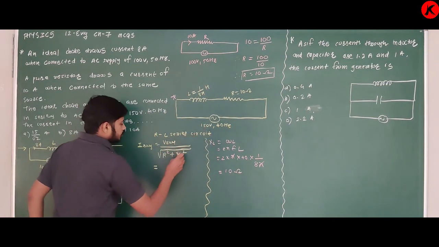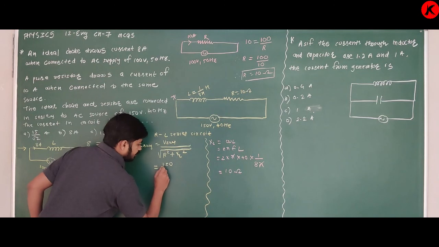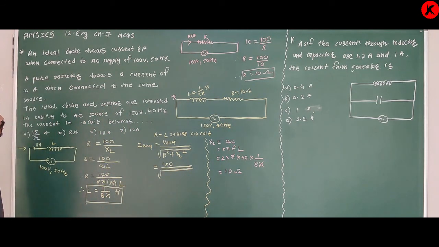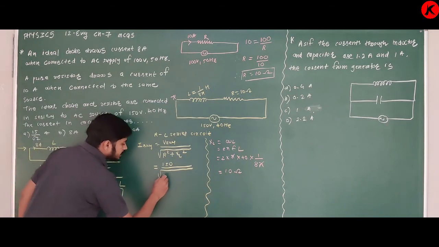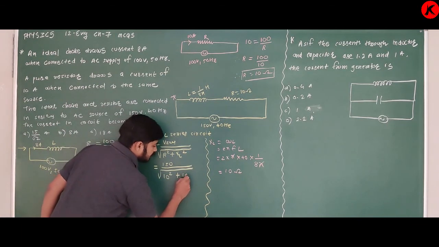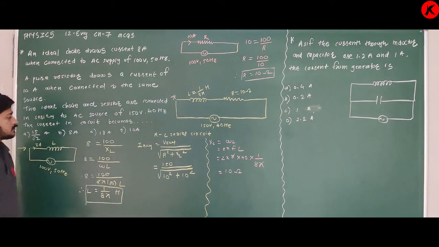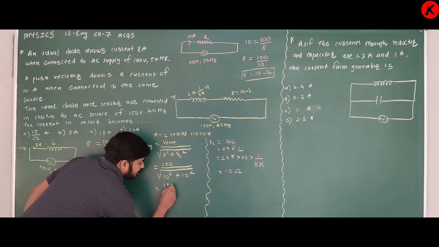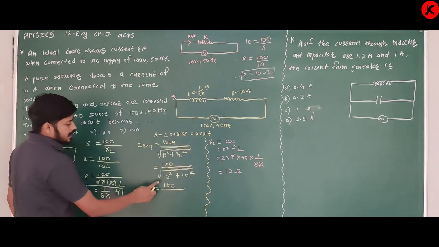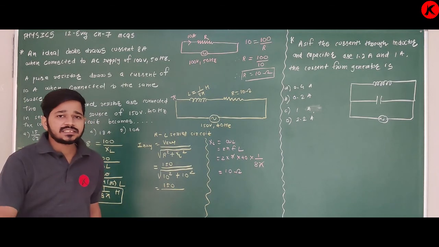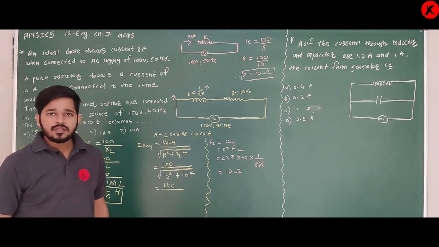V RMS is 150 volt, divided by under root R square plus XL square. The value of R is 10, squared, plus the value of XL, also 10, squared. So it is 150 divided by under root of 100 plus 100, which is 200.